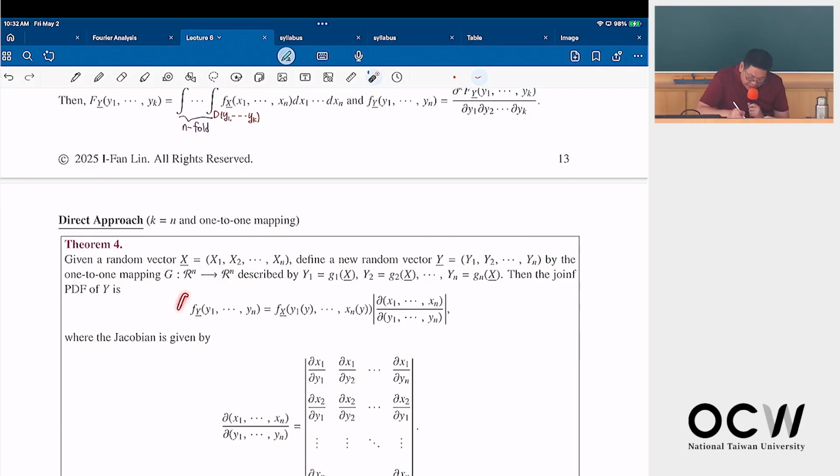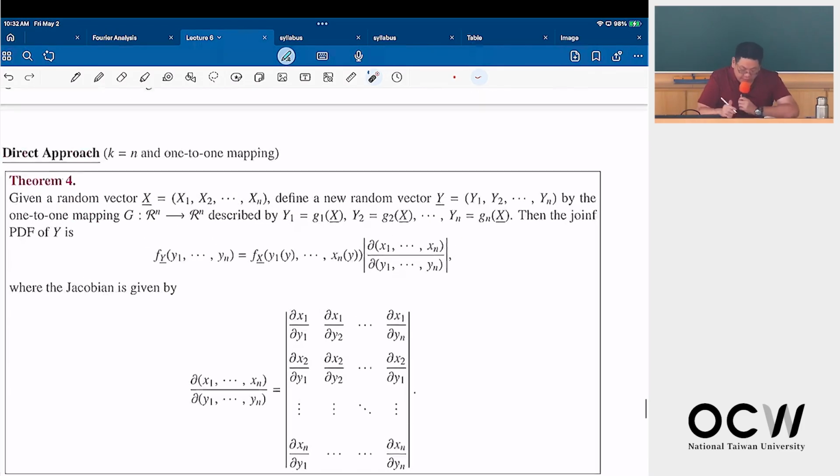Then the joint PDF of y will be the joint PDF of x times the Jacobian. And how do I express this Jacobian? The first row will always be related to x1. So I have partial x1 over partial y1, partial x1 over partial y2, till partial x1 over partial yn.